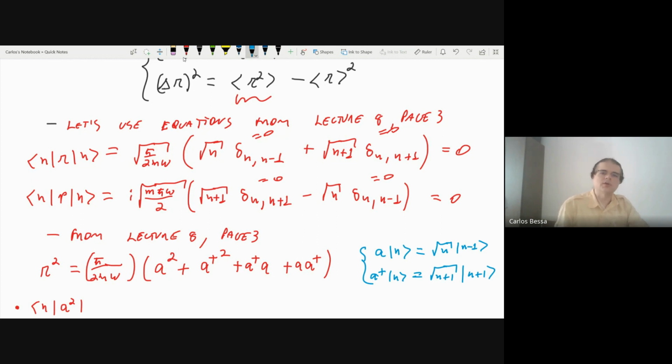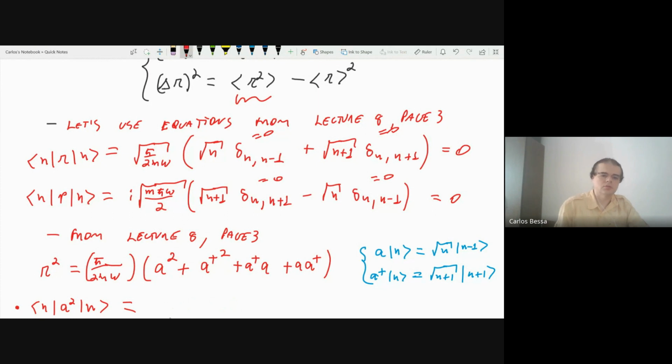So a squared, this will be simple. If you use these properties here, I'll just put the answer. This will give something with n minus 1, and something like n minus 2. In fact, this is 0.